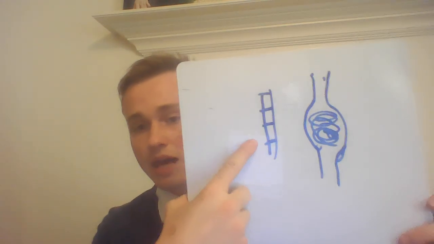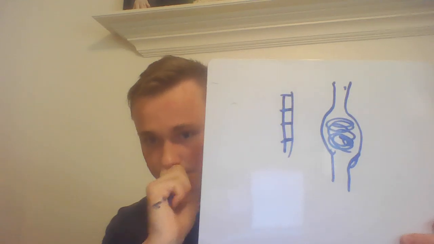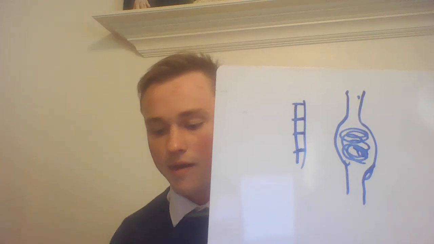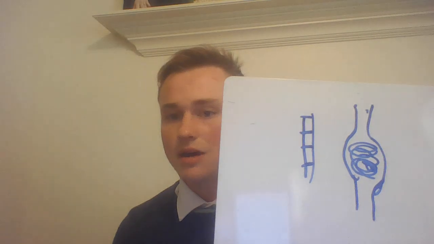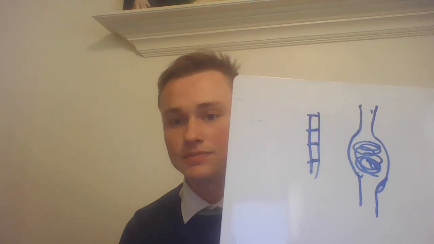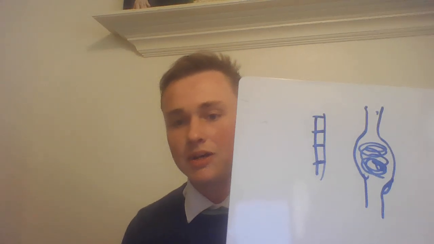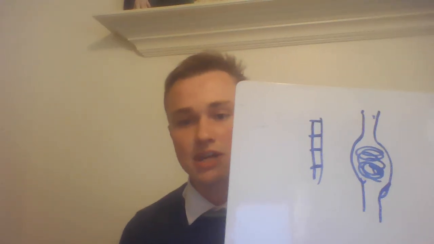So chain fibers will sense the duration of a stretch. So we'll be able to tell, oh, this is a really long stretch. Maybe we should do something about it because it doesn't seem like anything's changing anytime soon if you're stretching for a really long time.